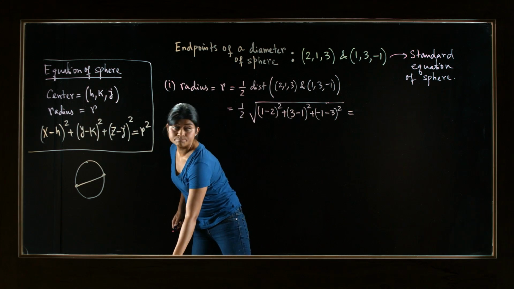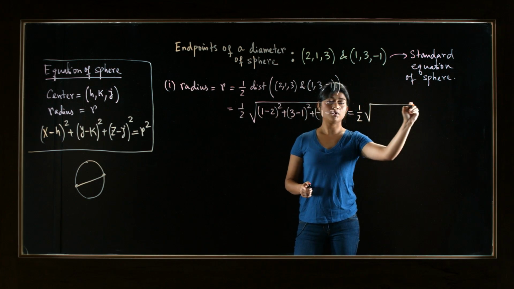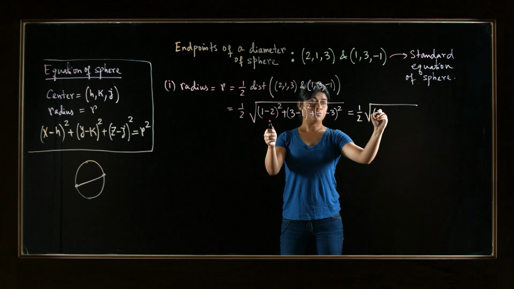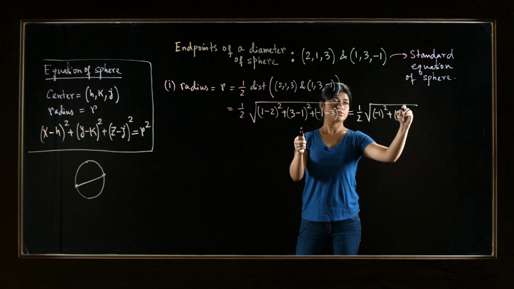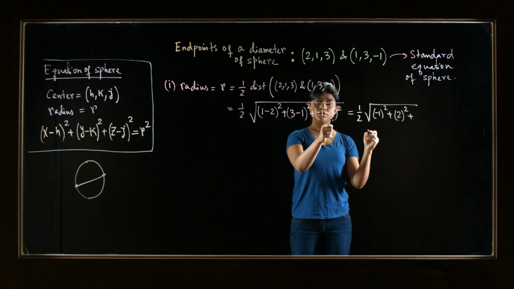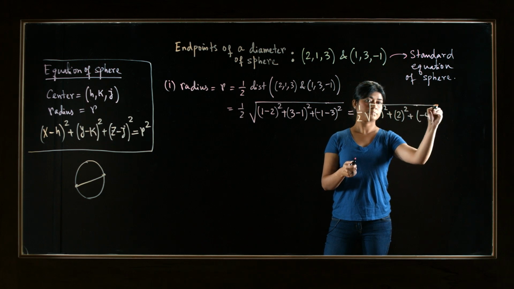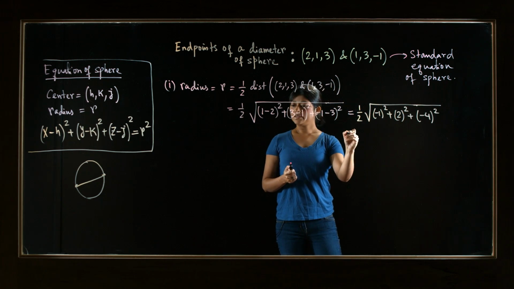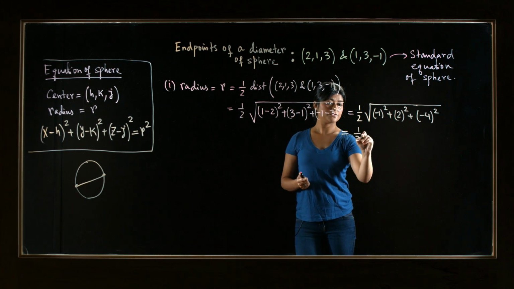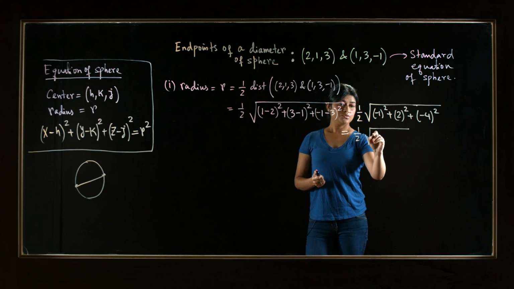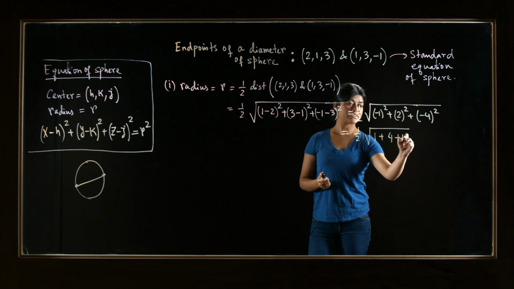Let's simplify this. We have 1/2 times the square root of (-1)^2 + 2^2 + (-4)^2, which is 1/2 square root of 1 + 4 + 16.